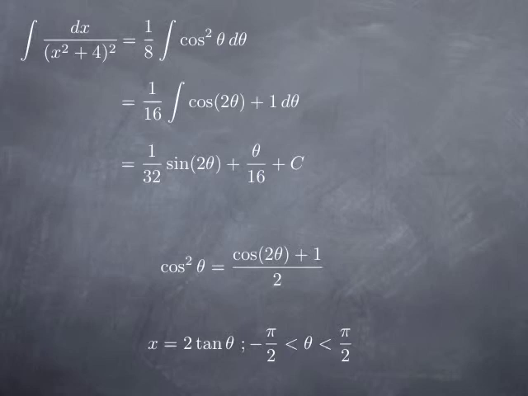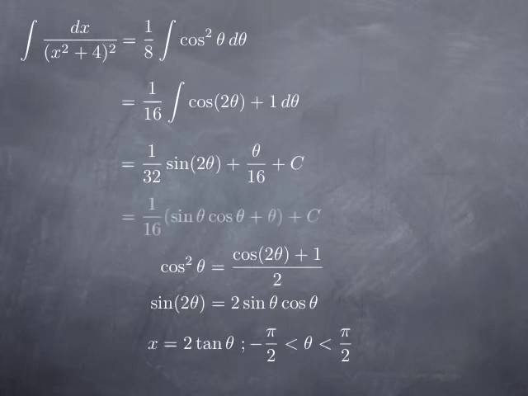So the other part, the second half of the double angle formula, is that sine of twice an angle is 2 times the product of sine and cosine of the angle. So that means I can replace sine 2 theta by 2 sine theta cosine theta, and this 2 over 32 gives me 1/16. So now I'm going to factor out this 1/16, multiplied by the product of sine theta and cosine theta, plus theta.